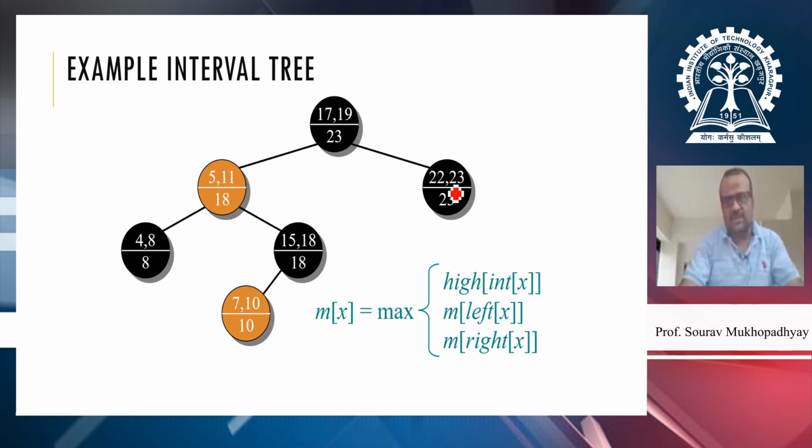If we check, this is a binary search tree. If we consider this node, the left subtree has key value 4, and 5 is greater than 4. The right subtree has 15 and 7, and 5 is less than all of these. So you can easily verify this is a binary search tree, with nils hanging here, and you can color these nodes.